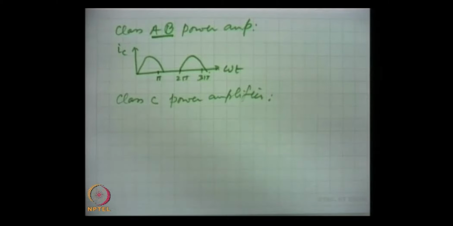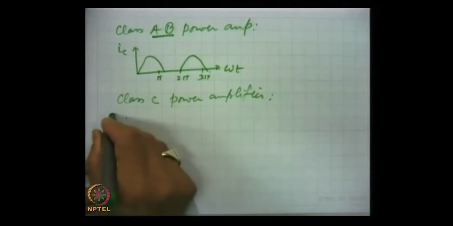The conduction angle is much less than 180 degrees. We will choose the operating point much below the cutoff point, so that the transistor is not put to the active region for a very major portion of the input positive side of the pulse.